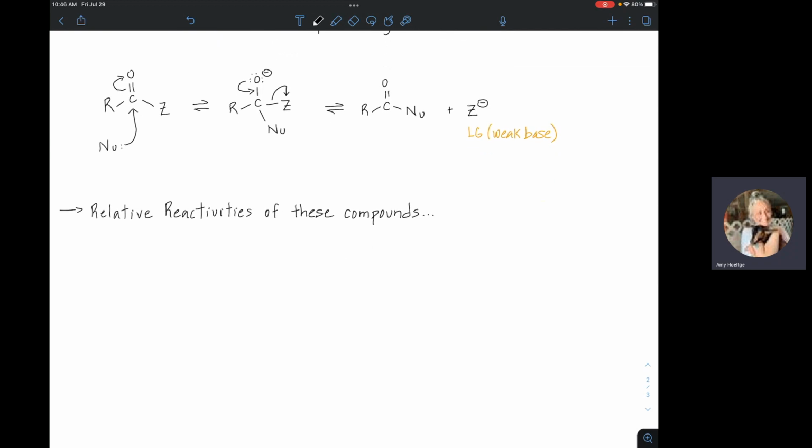We have to consider two steps to these nucleophilic acyl substitution reactions. When you're deciding who's going to be the most reactive, who's going to be the least reactive, the first thing that's going to happen is your nucleophile attacks. It's going to attack the carbonyl carbon to form your tetrahedral intermediate. I'll just abbreviate this.